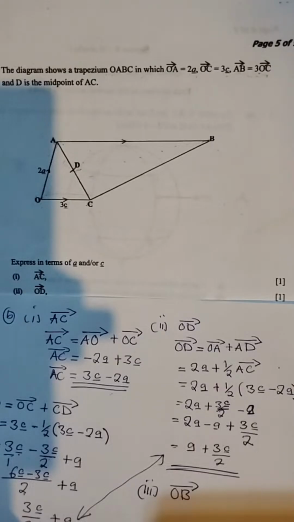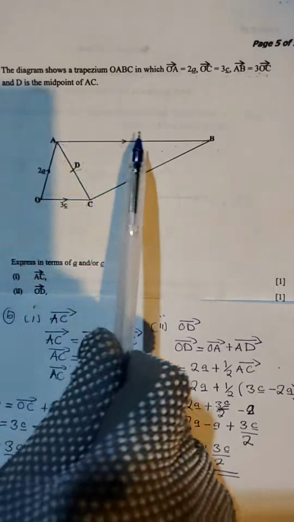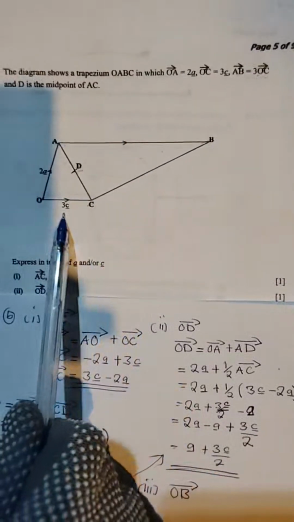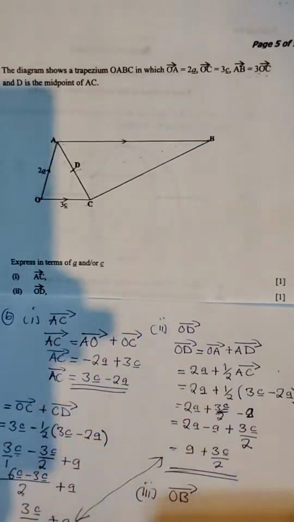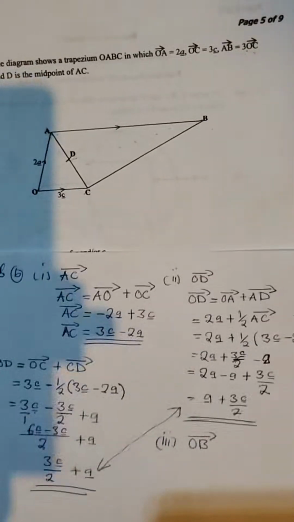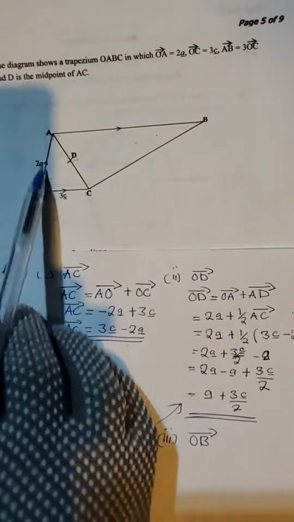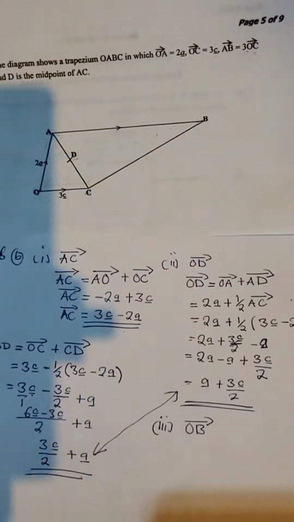That's what it means. It's saying it is 3 times this vector. So let's proceed. To move from A to B, we're going to use OA plus AB.